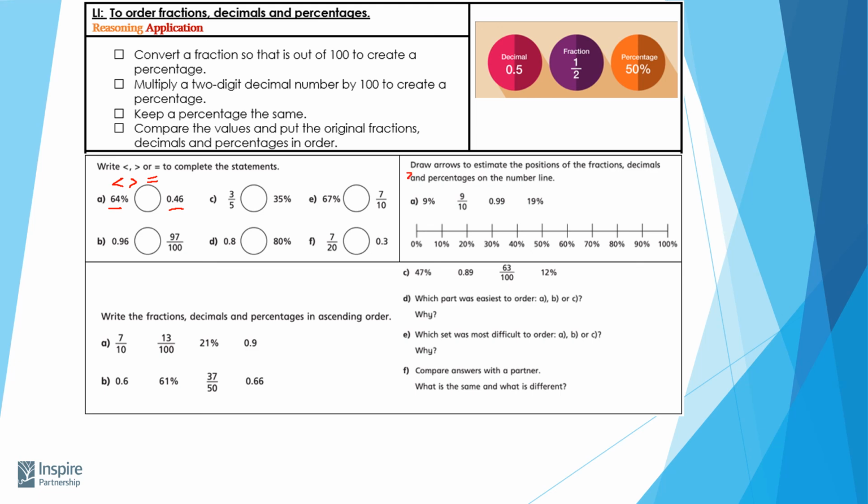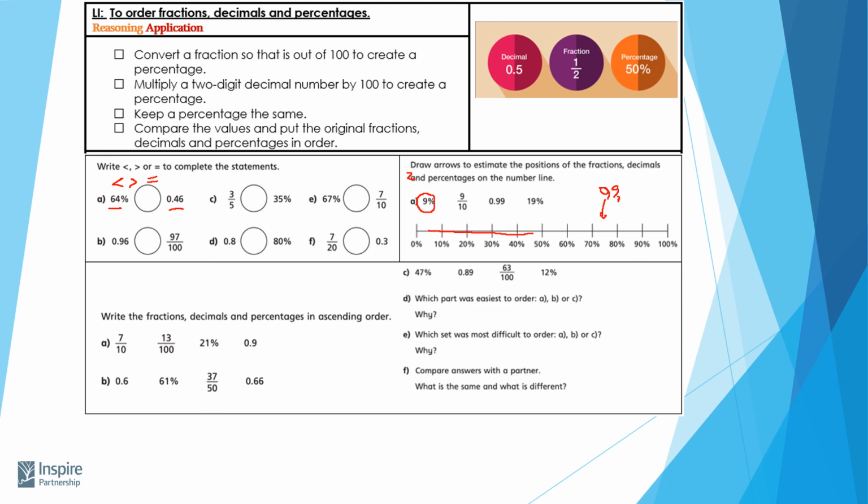This one over here, number 2, says to draw arrows and estimate the position of the fractions, decimals, and percentages on the number lines. So you're going to need to say, where does 9% belong on this number line here? And if you think, for example, it belongs here, you're going to need to just draw an arrow and put 9% on the arrow.